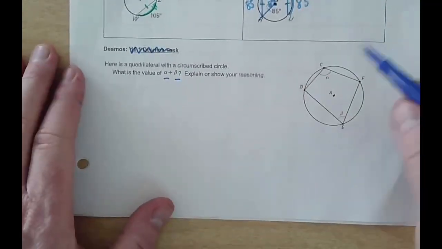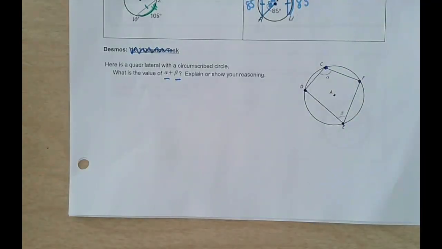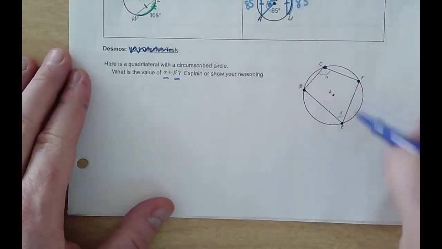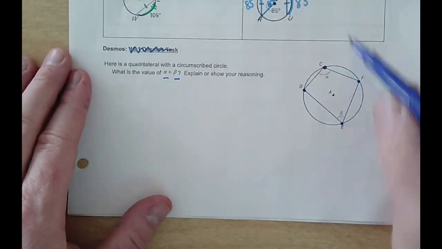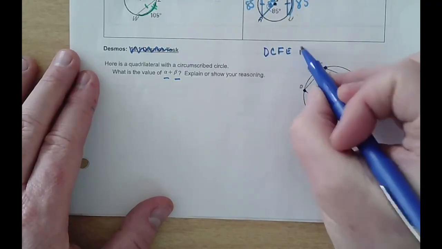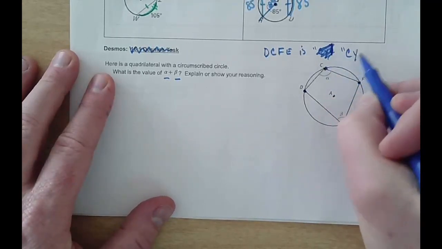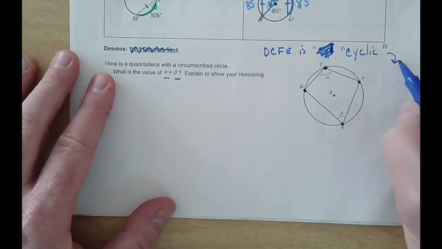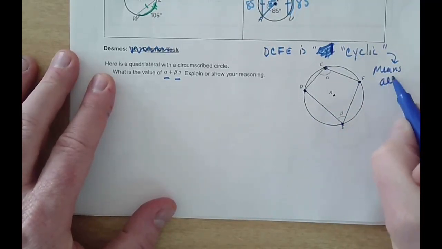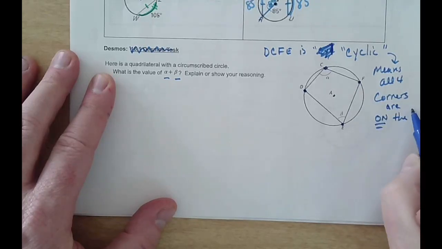Because it's 360 all the way around, to find these two angles, we could figure that out because this figure on the inside is what they call inscribed. Every corner is on the circle. So because every corner is on the circle, we say that D, C, F, E is what they call cyclic, which means all four corners are on the circle.